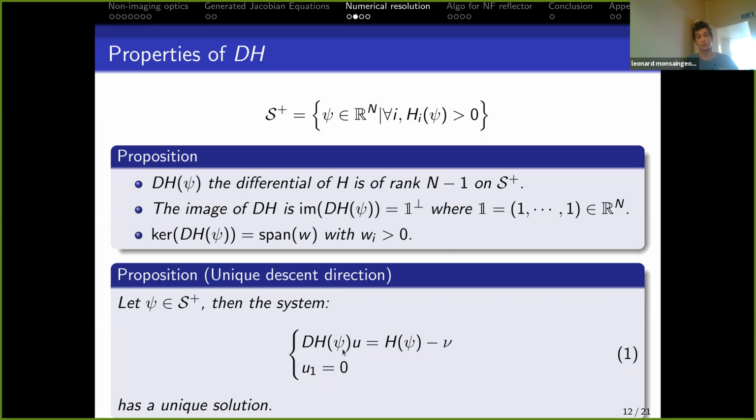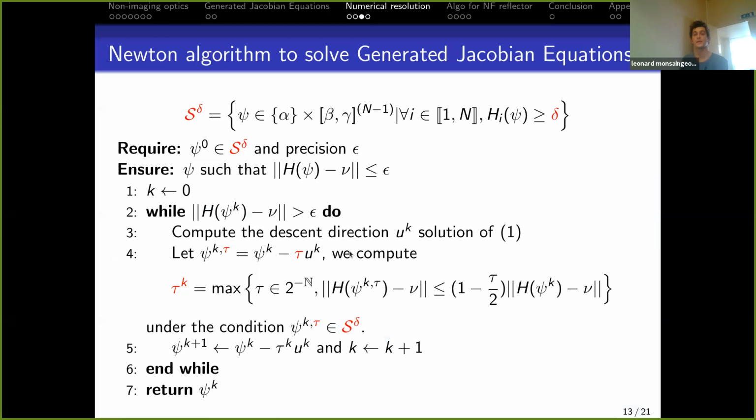And if I fix one of my parameters, which consists in fixing one variable to 0, then I have a unique solution, and so a unique descent direction. Once I have a unique solution for this system, I can write my Newton algorithm.